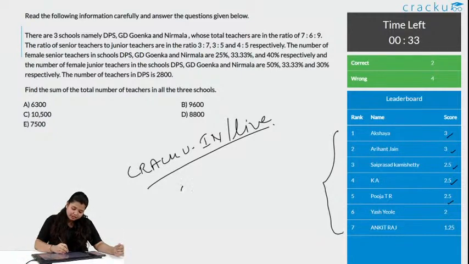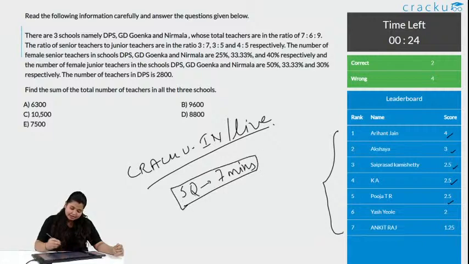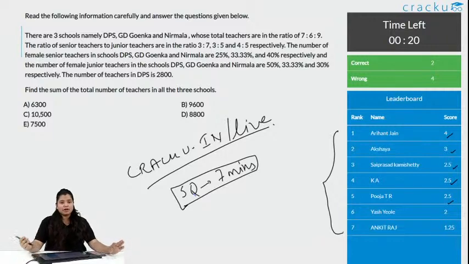Five questions, 7 minutes. You can say this is on a moderate side, more of an easy to moderate, not proper moderate, but on a moderate side. 3 people got this correct and 4 wrong.